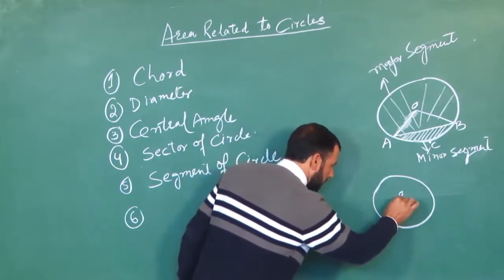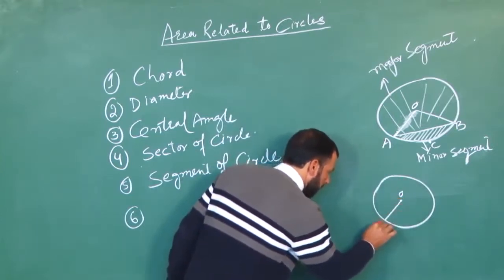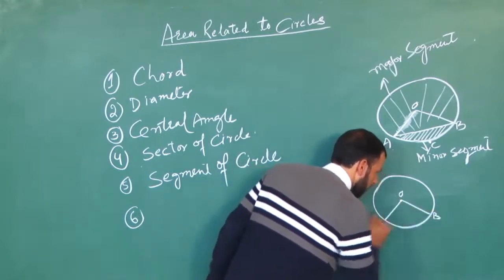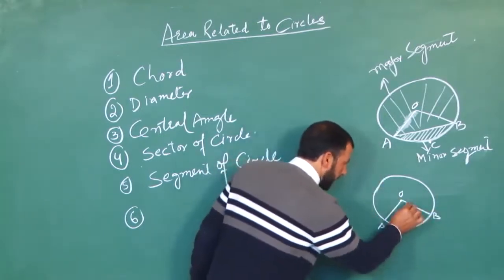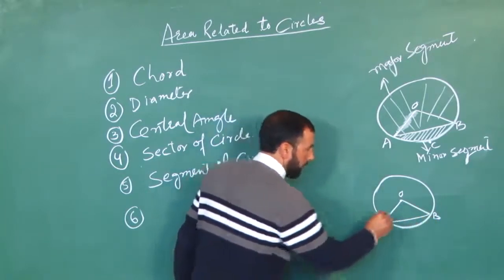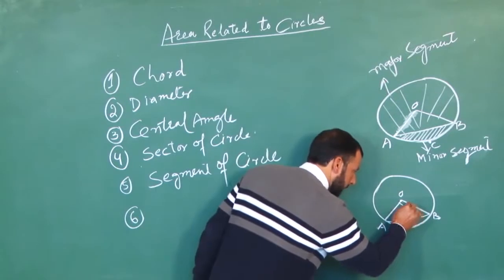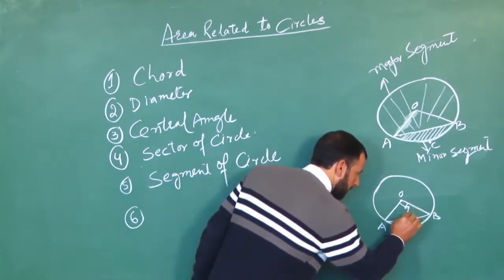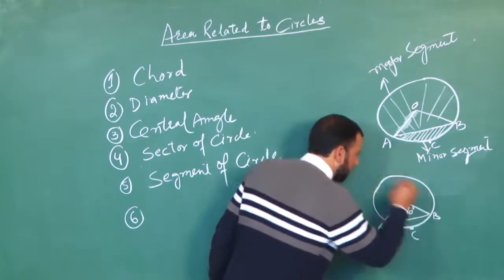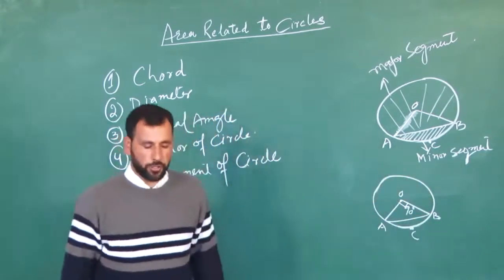If we draw two radii, this one OA and this one OB, and we draw this chord as well, if this central angle is equal to 90 degrees, then OCB is said to be a quadrant of a circle.